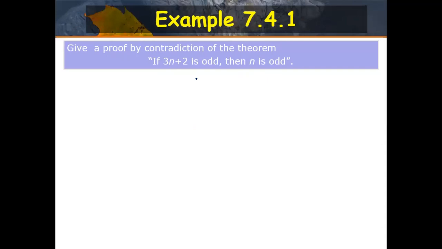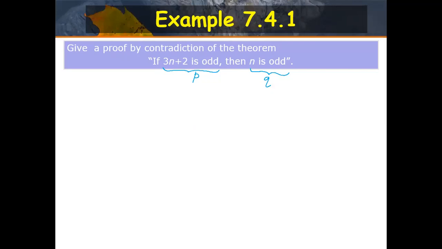So kita ada if P then Q, right? So 3n plus 2 is odd is P, and n is odd actually is Q. So macam mana nak tulis?